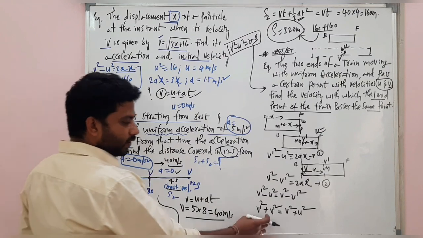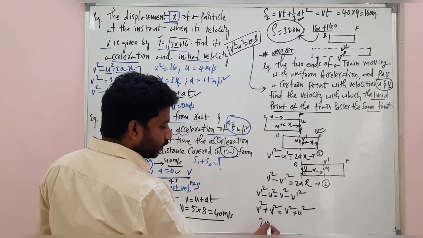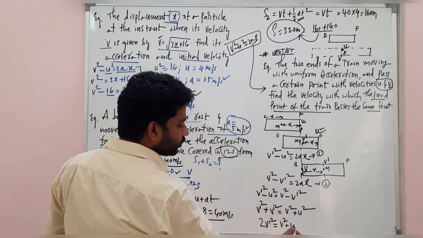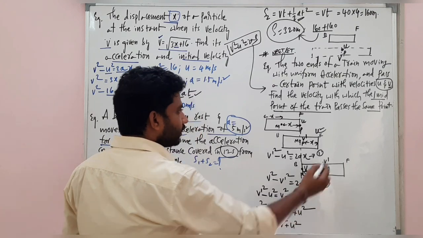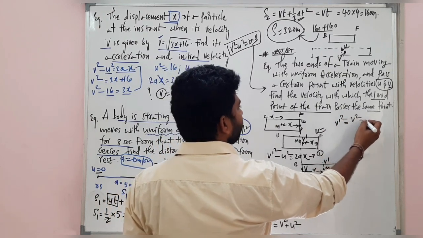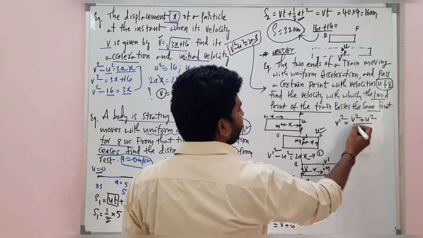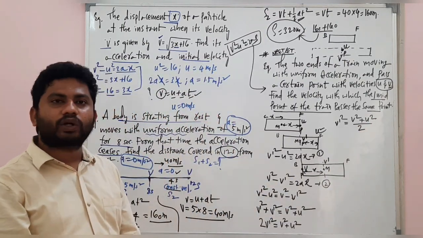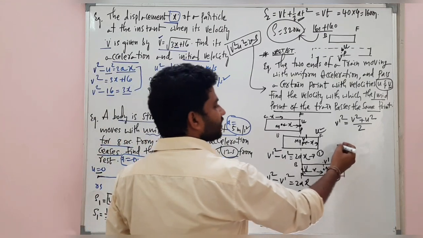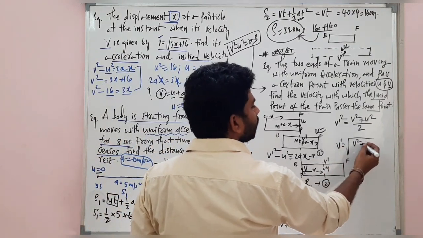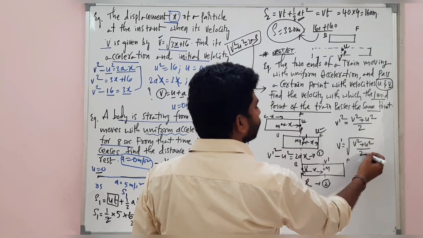Okay, so now what can I write? 2 into v dash square is equal to v square plus u square. So from here I can write v dash square is equal to v square plus u square divided by 2. And a very important concept, v dash will be equal to square root of v square plus u square by 2.